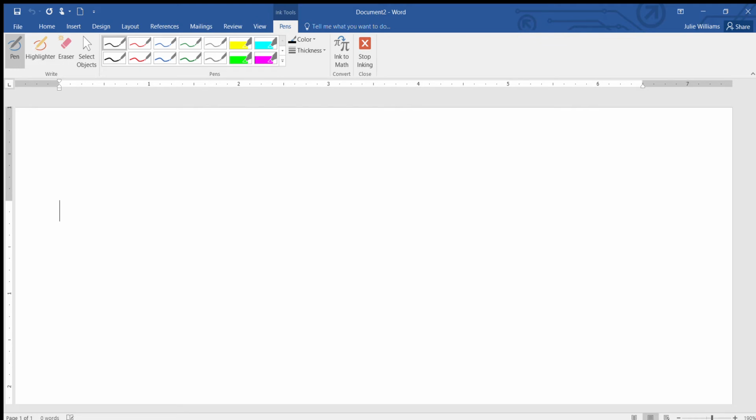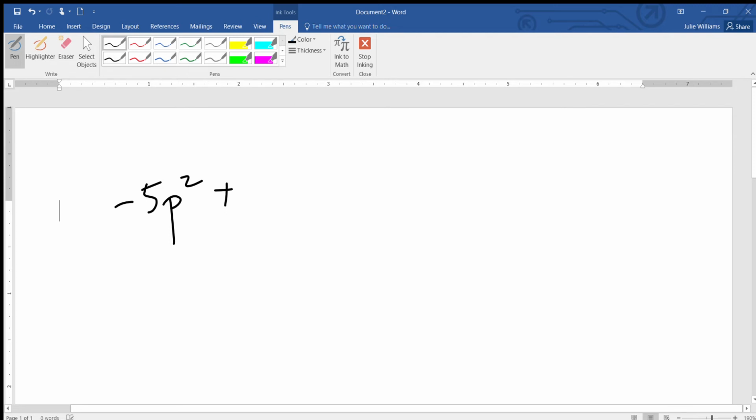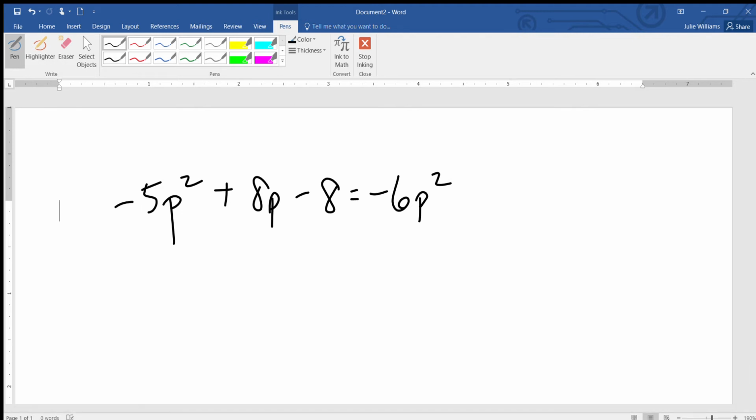Let's say that the quadratic that we begin with is this, negative 5p squared plus 8p subtract 8 equals negative 6p squared. Remember you have to have the equation set equal to 0.